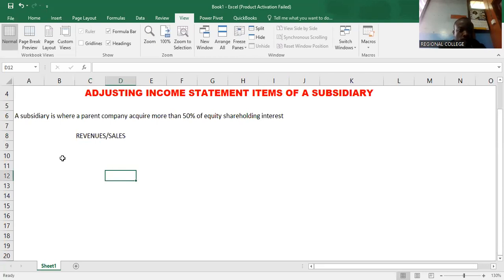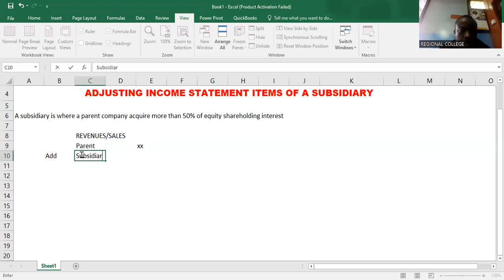You just go to the question and see the value of the parent. You put it there. You check the value of the subsidiary and add it to the value of the parent.